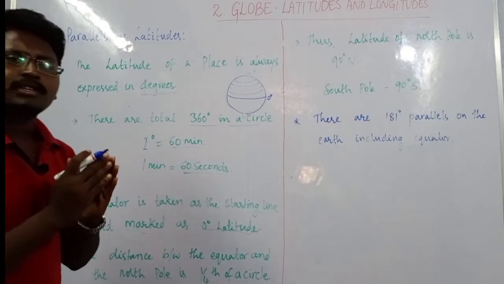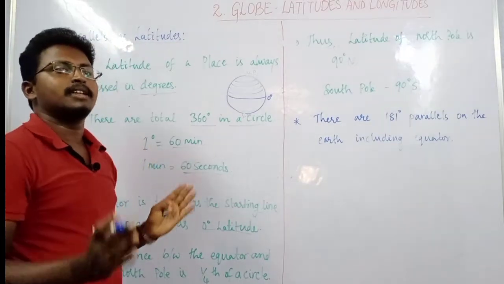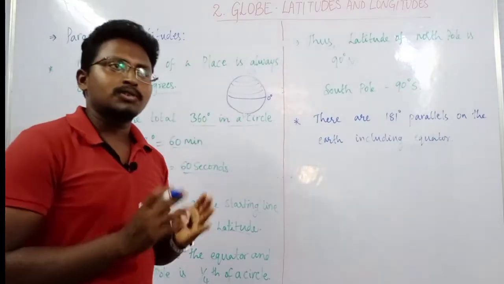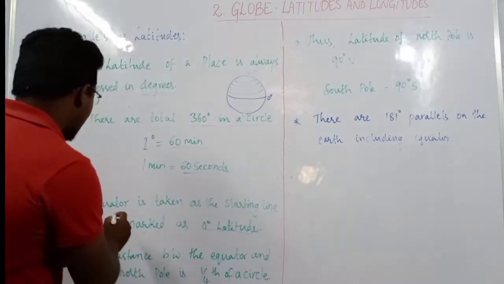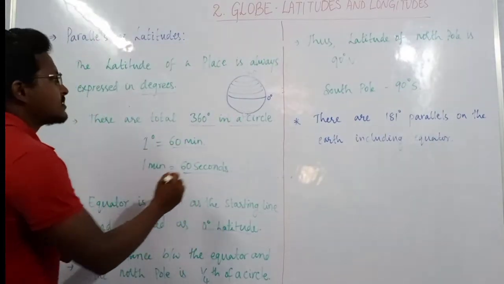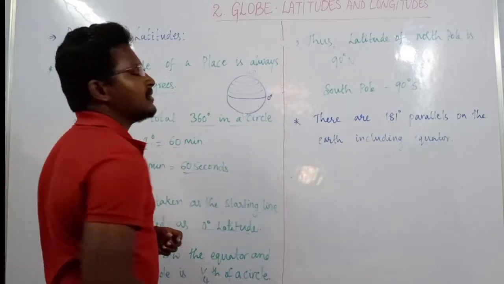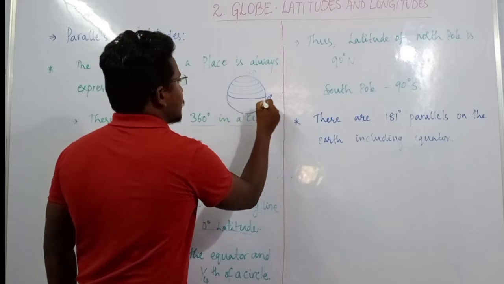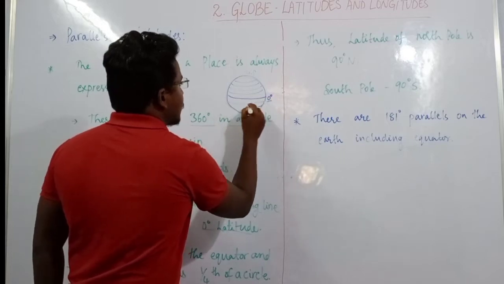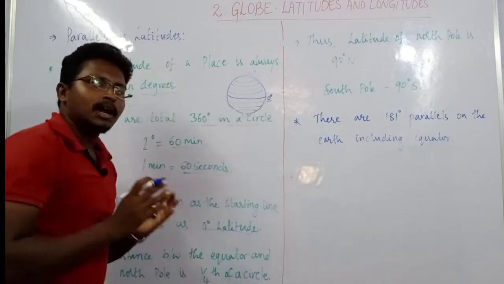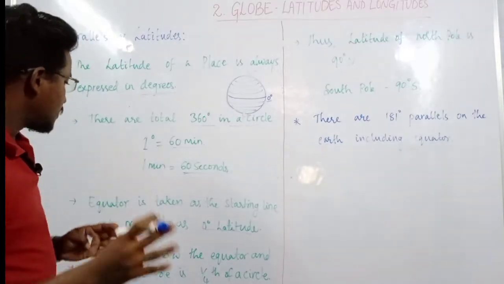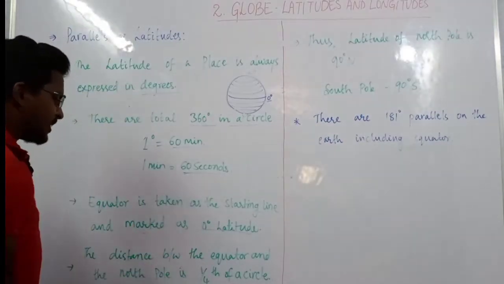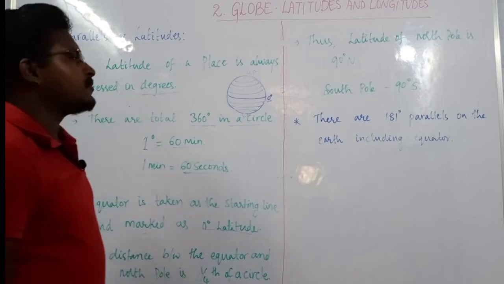Then which is the starting point to measure all these degrees? There should be some starting point to measure all these latitudes. So we have taken the equator as the starting point to measure all the latitudes. The equator, you all know, represents 0 degrees. So the 0 degree equator is taken as the starting point to represent all these latitudes. And the distance between the equator and the north pole is 1/4 of a circle.